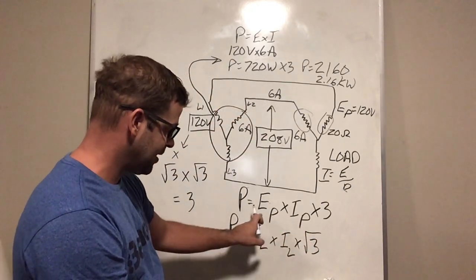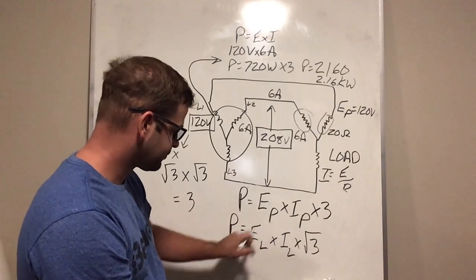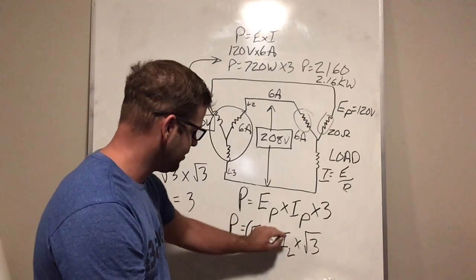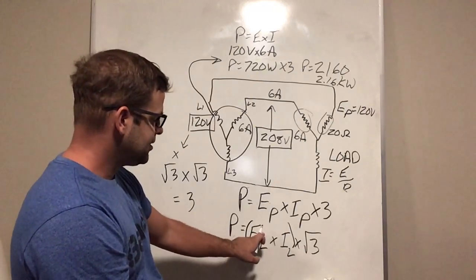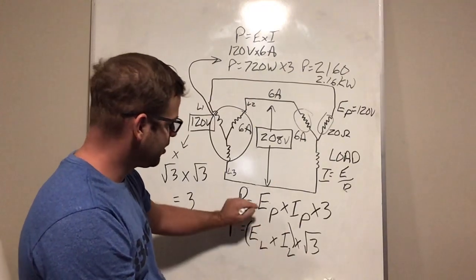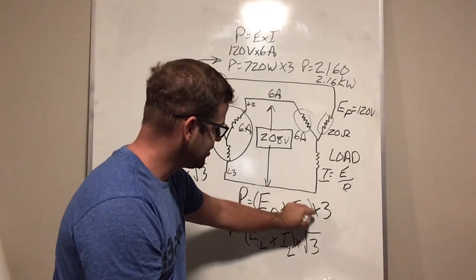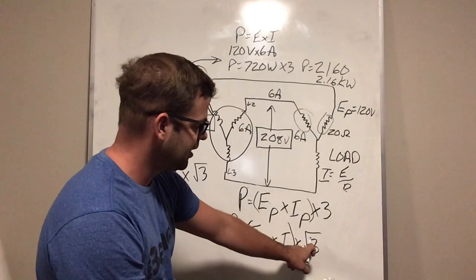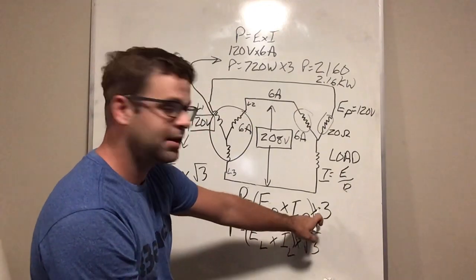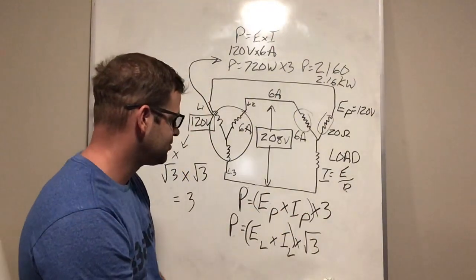This will give me the same answer as that. So this here is root 3 larger than this is. So if I multiply it by root 3 larger, it's going to give me the exact same formula as we have in the first case.